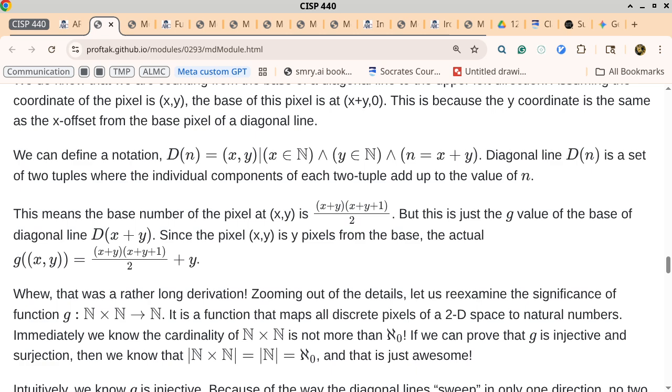Yep, we already established the function f for converting between natural numbers and integers. We came up with that function already. So the key here is convert all the Z's into N's first, and then apply this approach again.